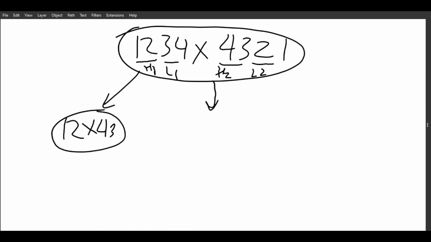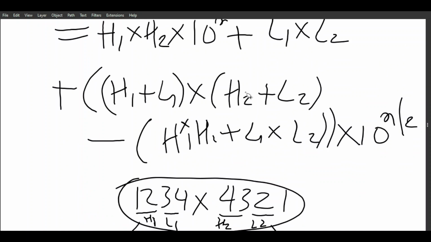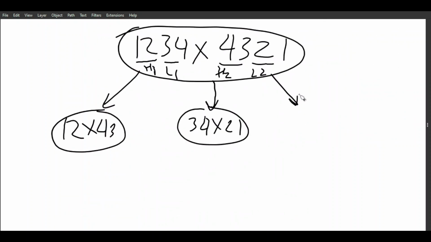Second subproblem is multiply the low parts, L1 L2: 34 multiplied by 21. Third subproblem, just see the expression, is h1 plus l1 multiplied by h2 plus l2. So for each number we just add the high and low parts and multiply them.